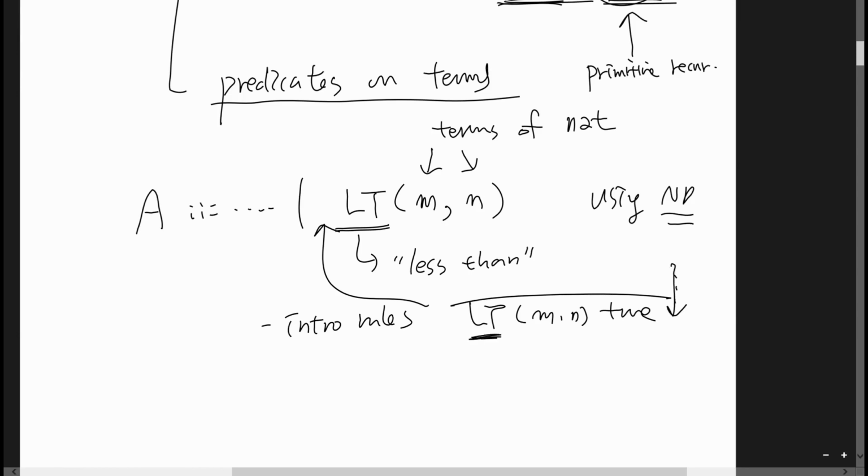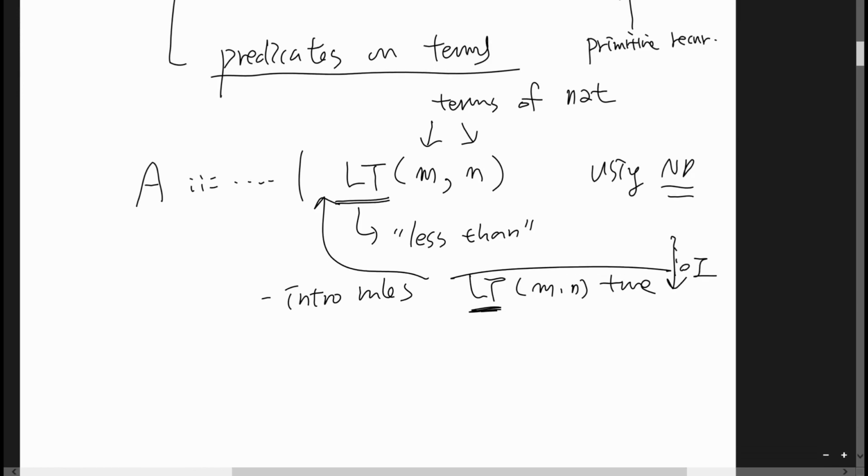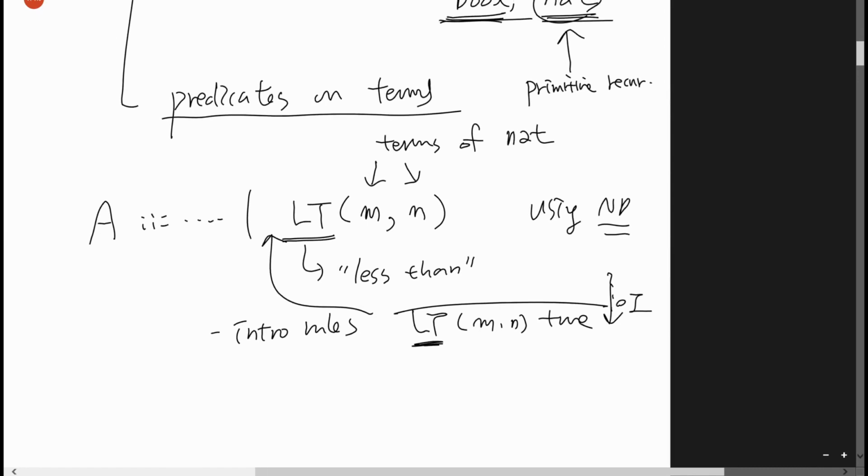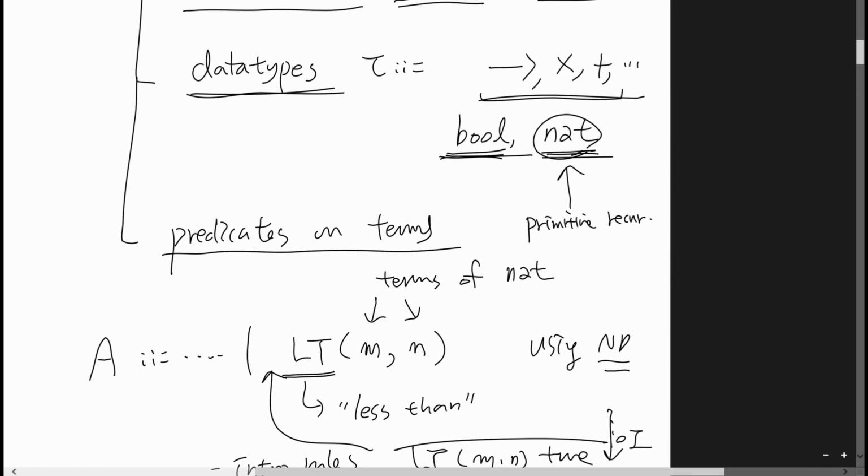So it's going to be some form of introduction rule. And just like the exercise that we had previously in defining nat, here we design introduction rules, and then we derive the elimination rules.